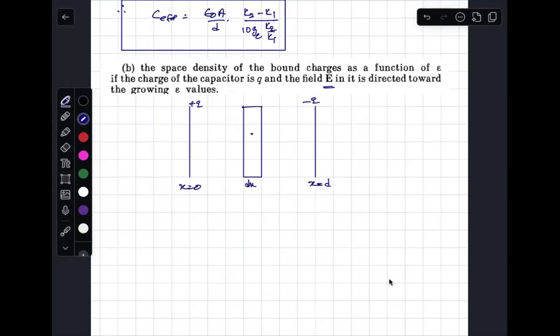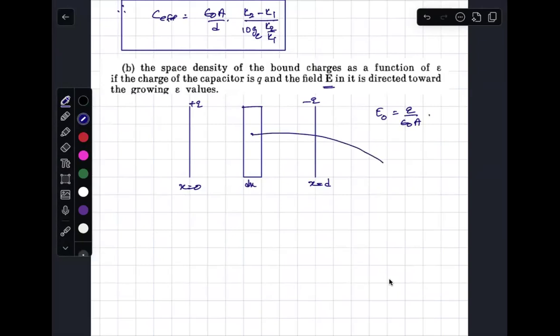What is going to be the electric field at this point? E naught is simply Q by epsilon naught A. Clear?